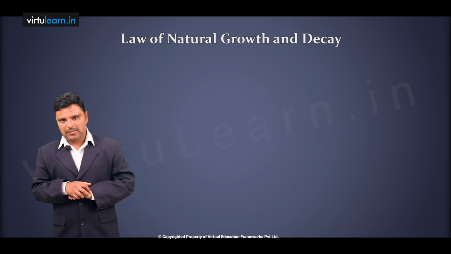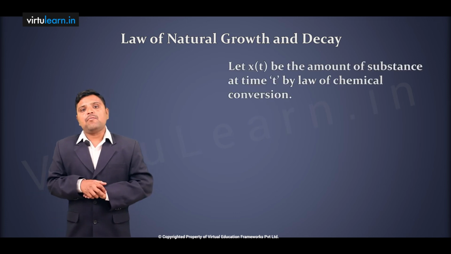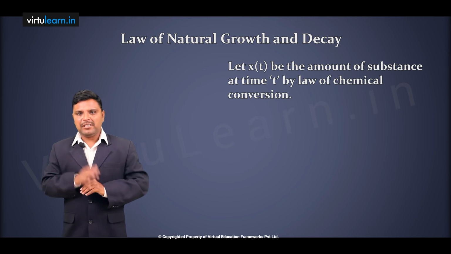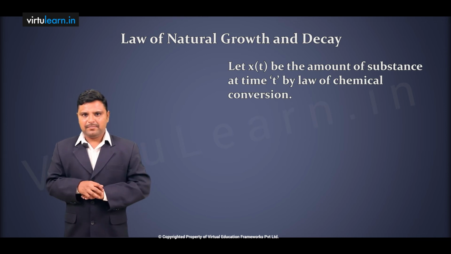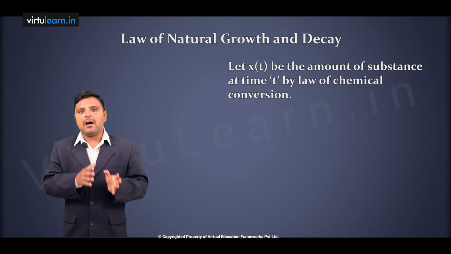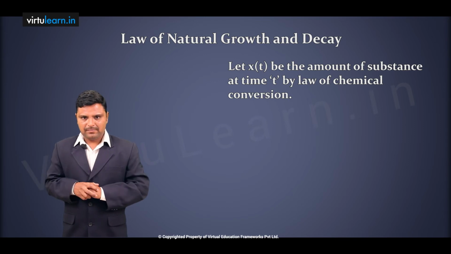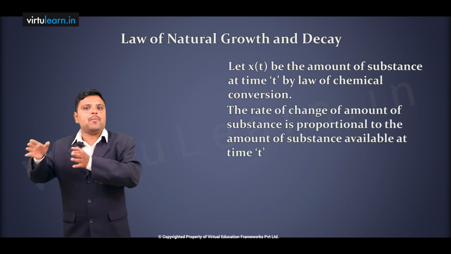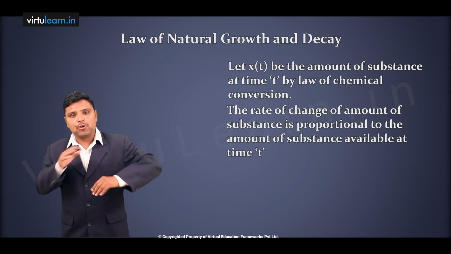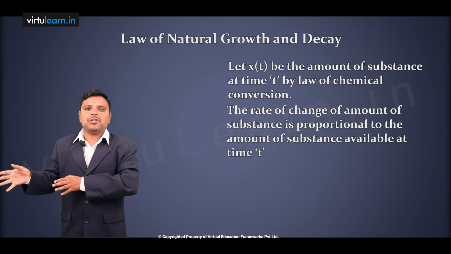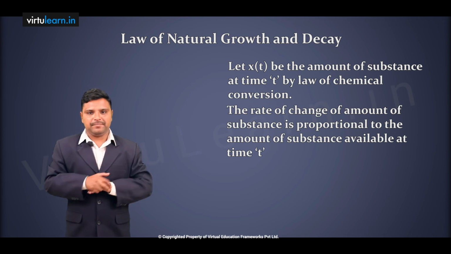Here x of t is the amount of substance at a time t. By the law of chemical reaction, the rate of change of amount of substance is proportional to the amount of substance available at time t.